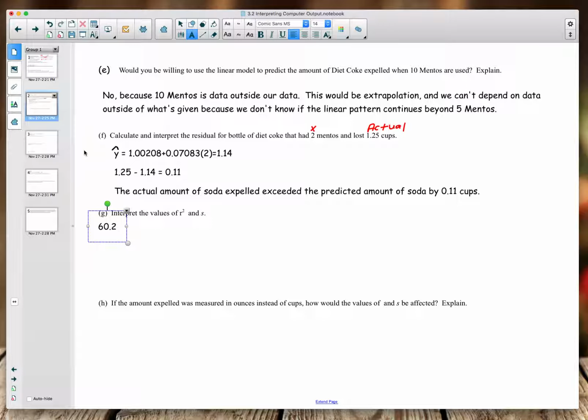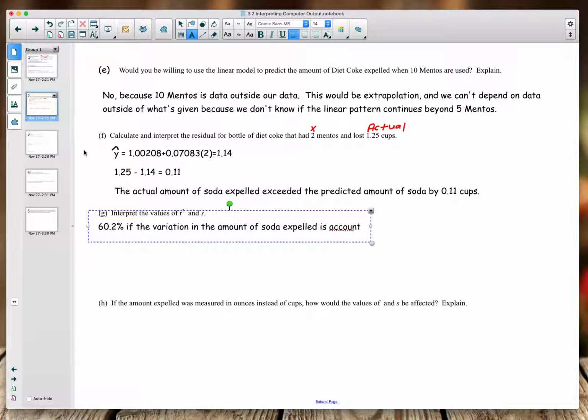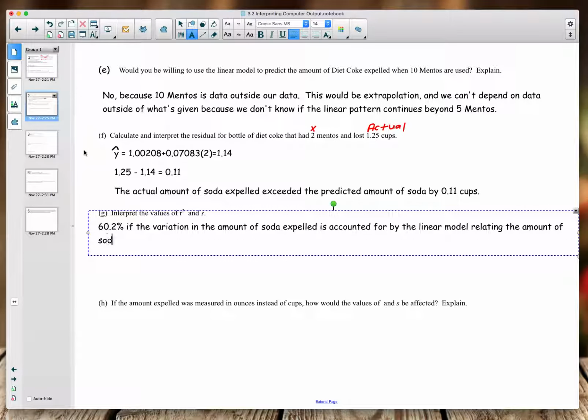So 60.2% of the variation in the amount of soda expelled is accounted for by the linear model relating the amount of soda expelled to the number of Mentos dropped in the bottle. Okay, so that is our r squared.